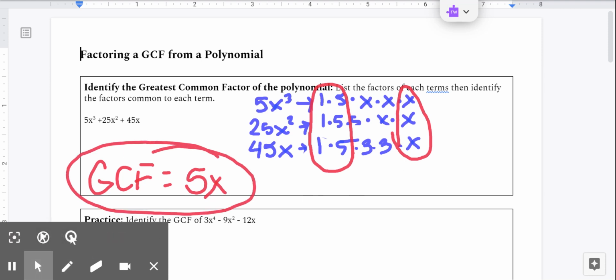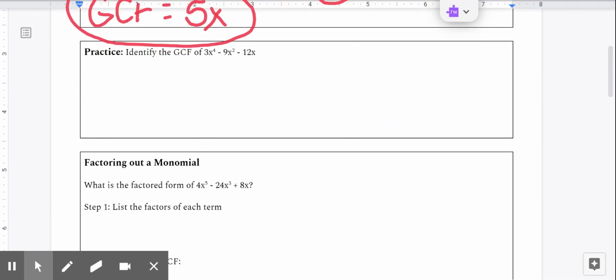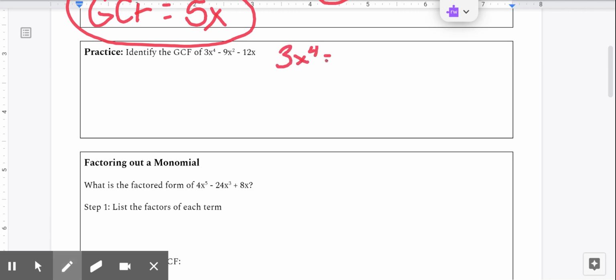All right. Let's go ahead and try one more here just to make sure we've really got the hang of that. So the greatest common factor of 3x to the 4th minus 9x squared minus 12x. So we're just listing out those factors. For 3x to the 4th, that's just going to be 1 times 3 times 4 x's.